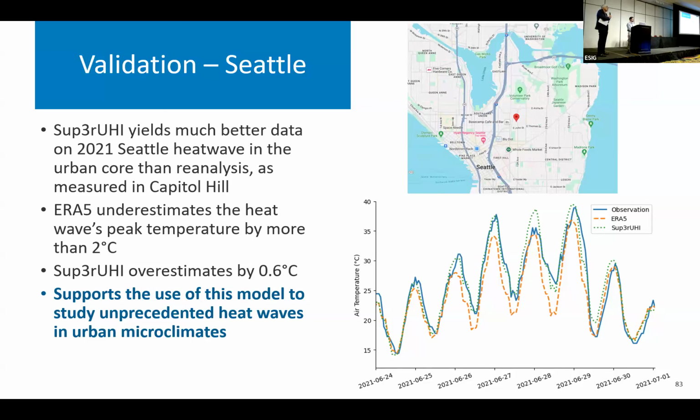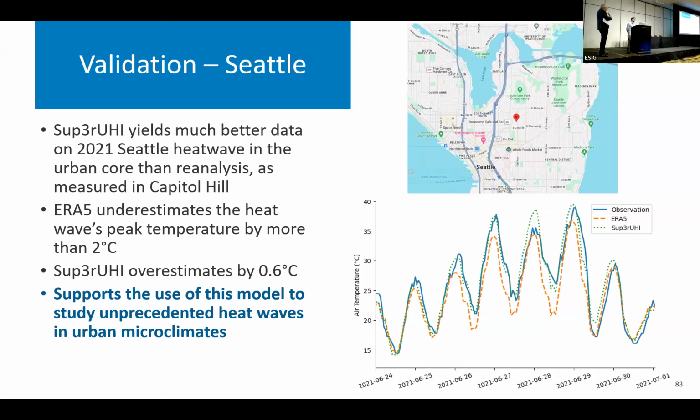That's what this shows, right? So can you comment on how well the super UHI is comparing? Because somewhere it is over-predicting and somewhere ERA5 is under-predicting. So what are the pros and cons of these two in these regions especially?